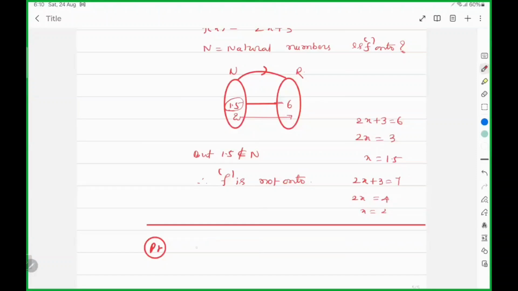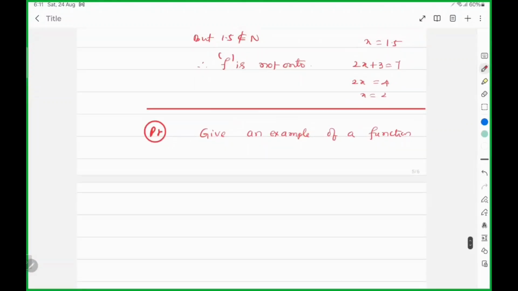So, another question. Give an example of a function which is neither one-one nor onto.